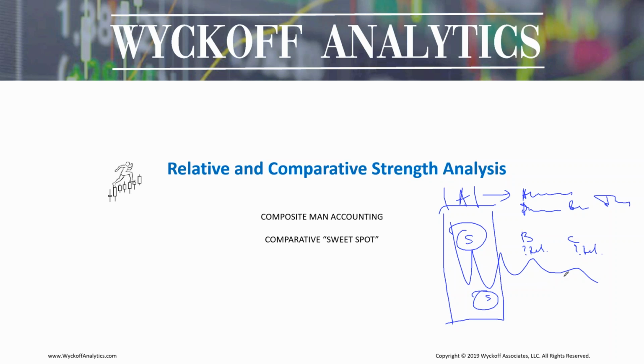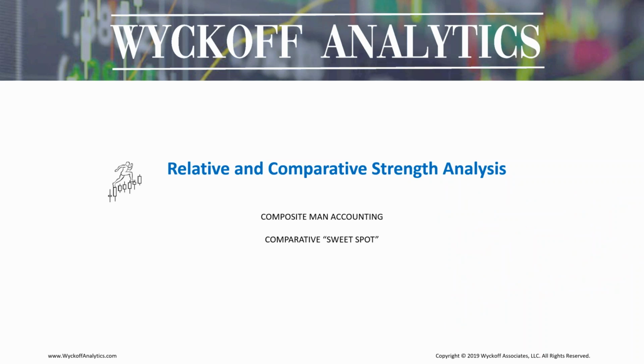And if we see enough observational points in phases B, C, and D that would suggest that institutions are present, they are aggressively accumulating, this is the stock that we're going to pick. And obviously, phase C and D are crucial to us, so this is where we would be looking at the relative comparative performance.